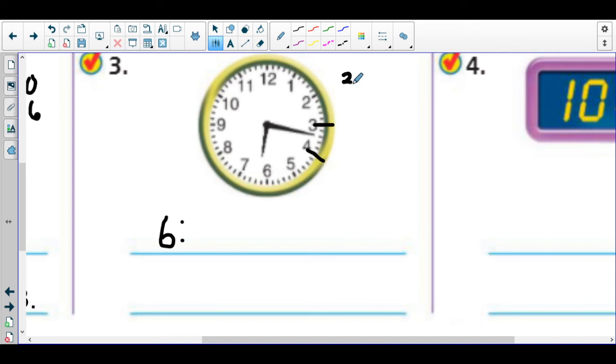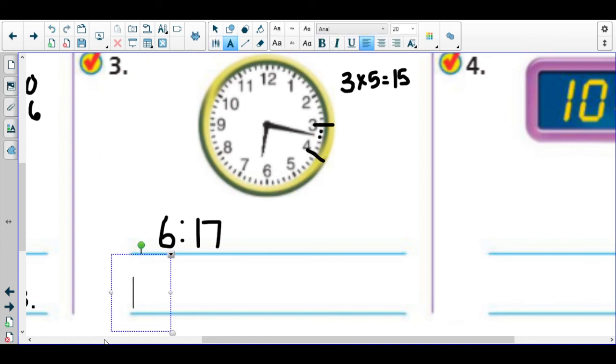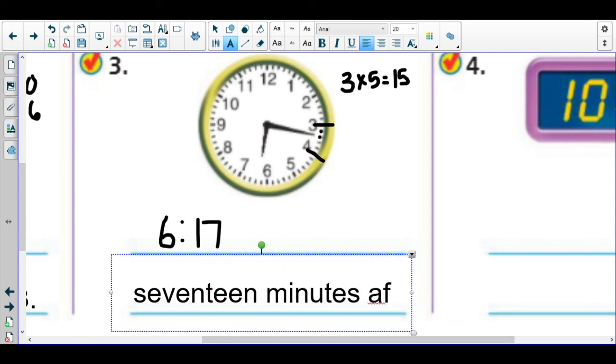So 3 times 5, because I'm going to go 1, 2, 3 intervals, each at 5, that's 15. Then count the minutes in between here. 15, 16, 17. So 6:17. Or rewriting that would be 17 minutes after 6.